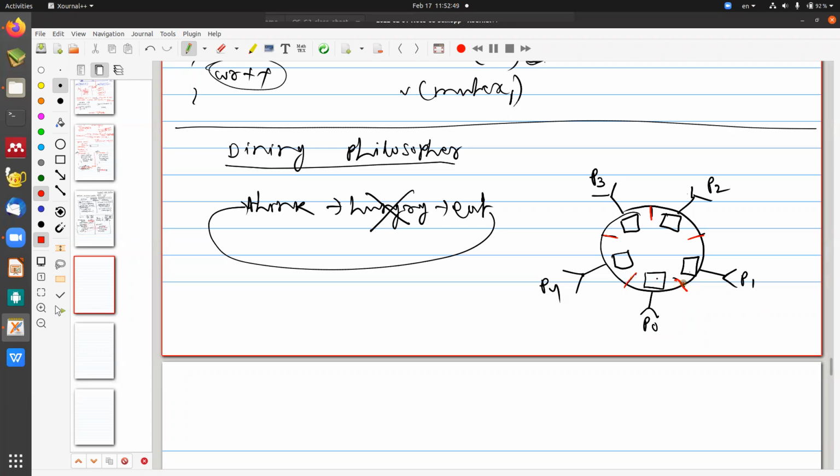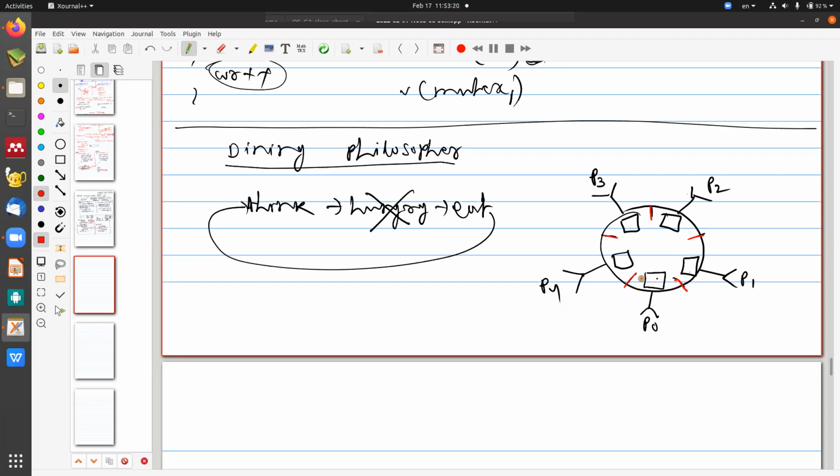Now, since you have 5 spoons in total, and to eat, a single philosopher needs 2, all 5 cannot eat at a time. So maximum how many philosophers can eat? 2 philosophers, not more than this. Are you getting my point? There is one bowl for each philosopher, but only 5 spoons, and everybody has a left spoon and a right spoon.